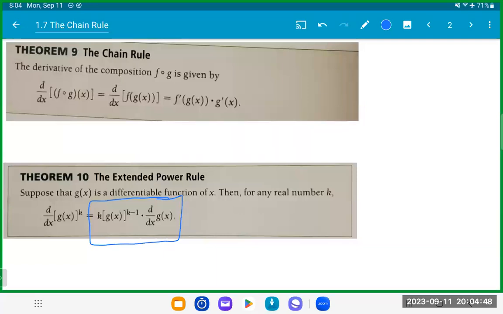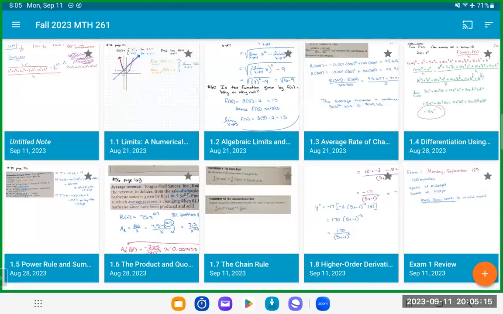So that's why we ended up with -2 times the g function, which the g is only what's inside the parentheses. So what was inside the parentheses was 5x minus 1, and then k minus 1 up here, and then the derivative of this inside. So that's all we were doing for that problem, was the extended power rule.